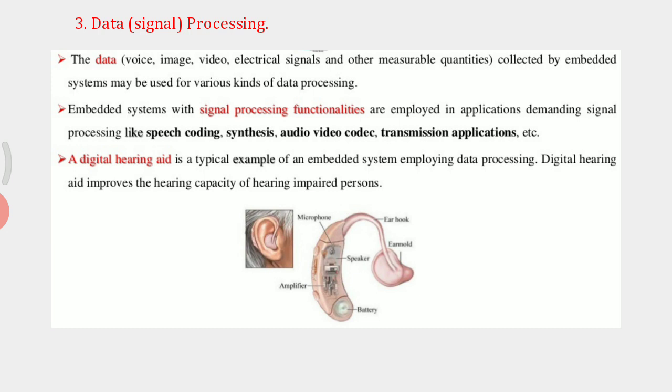Embedded systems with signal processing functionalities are employed in applications like speech coding, synthesis, audio video codec, transmission applications, etc. A digital hearing aid is a typical example of an embedded system that employs data processing. A digital hearing aid improves the hearing capacity of a hearing impaired person.